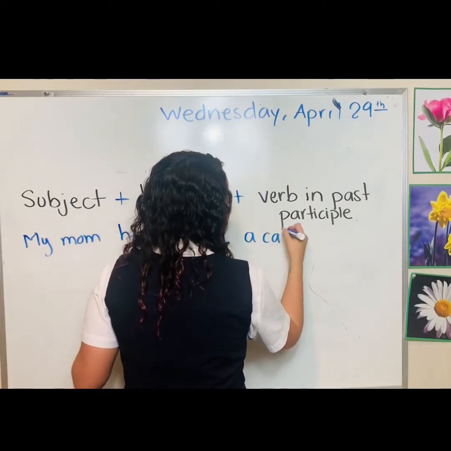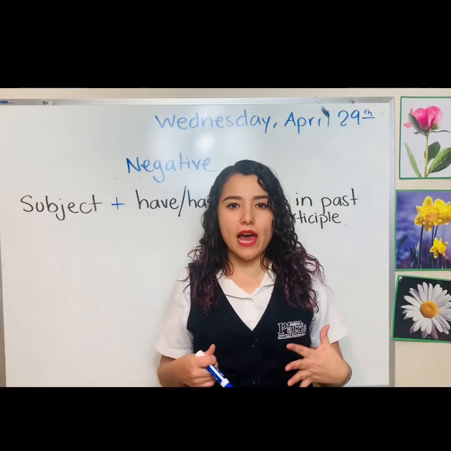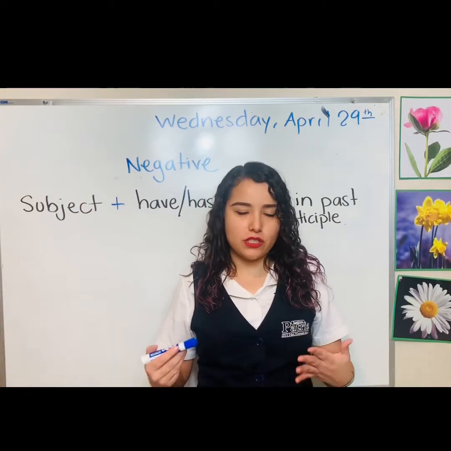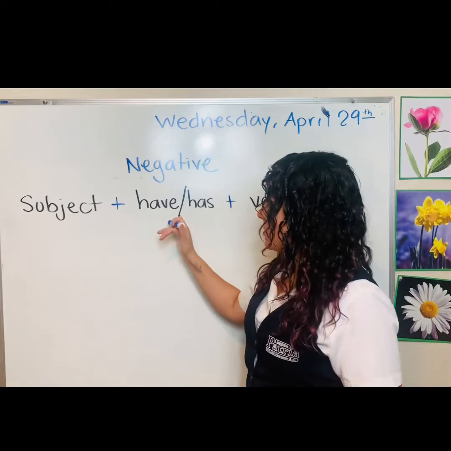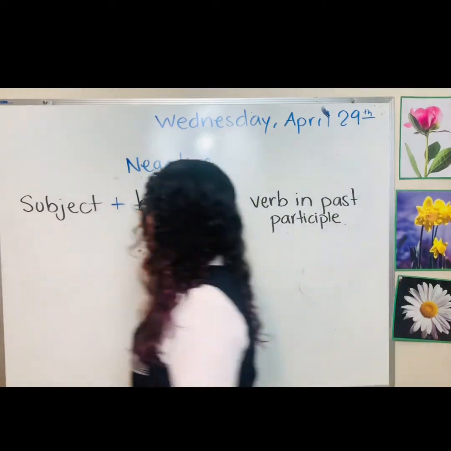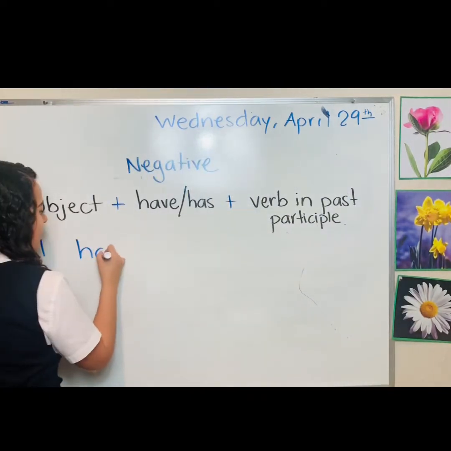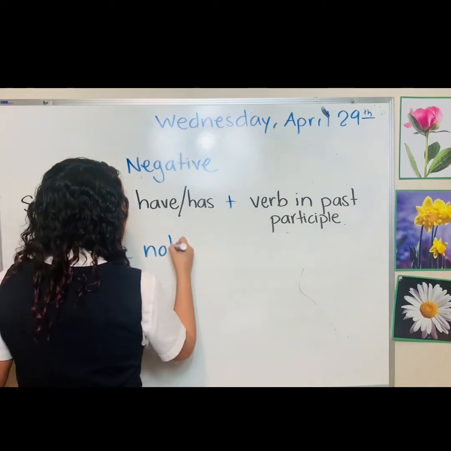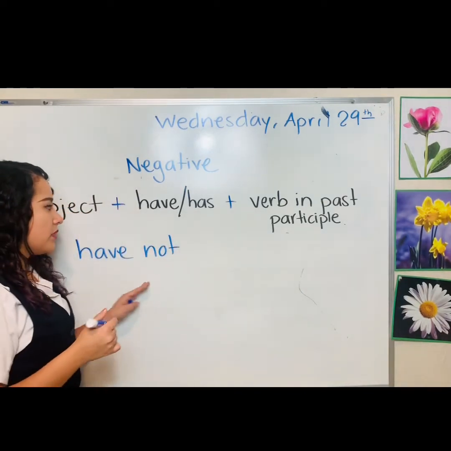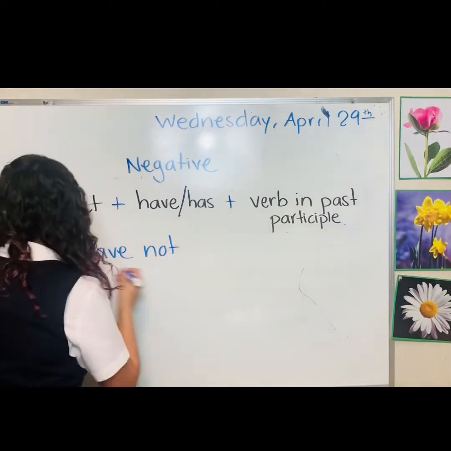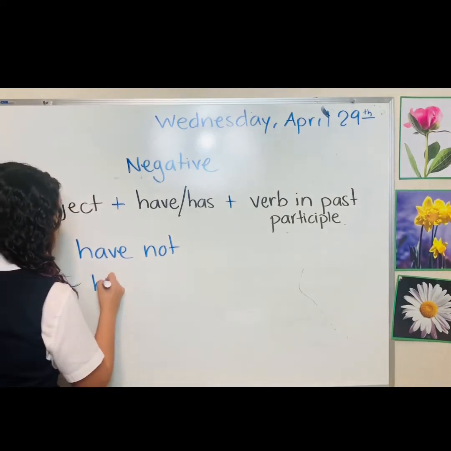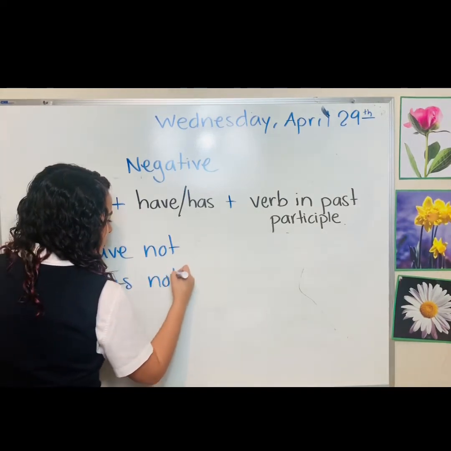And then the complement. Now, what happens when you have a negative? You just need to add the not to the auxiliary have or has. For example, I have not. Or let's say another subject, she. She has not.